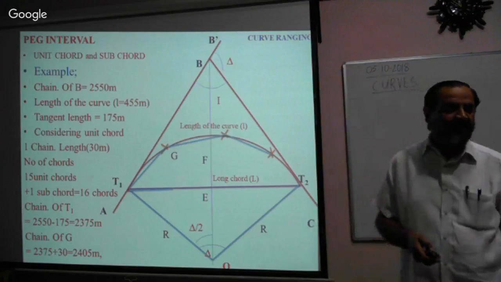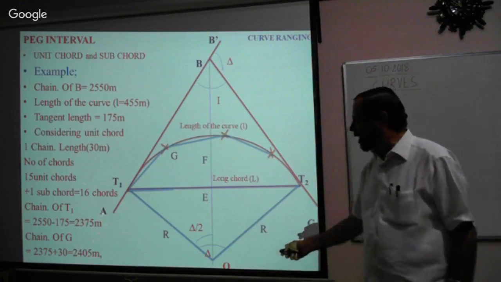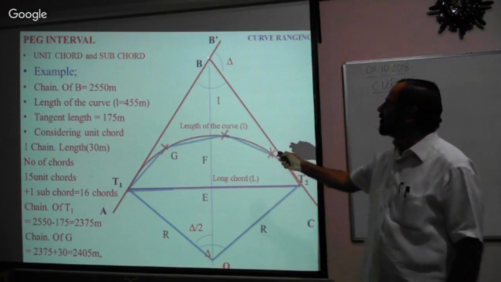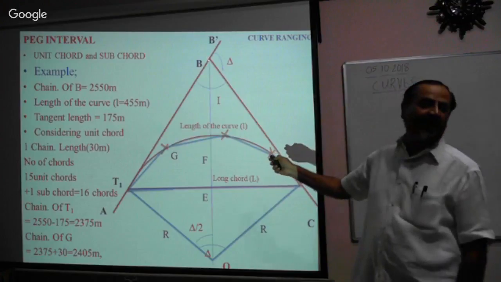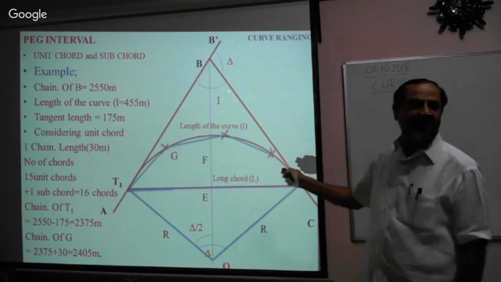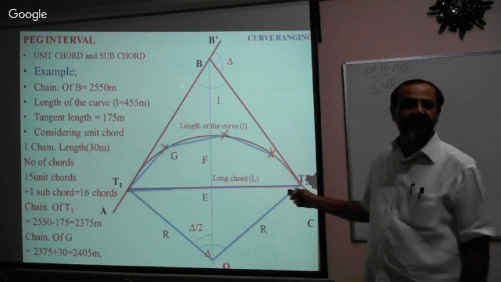Got it? Understood? We are traveling from somewhere here, measuring the distance, and we have reached the point of intersection where we need to change the direction of the path. There you have to change the path. Therefore, we are introducing the curve between these two straights.